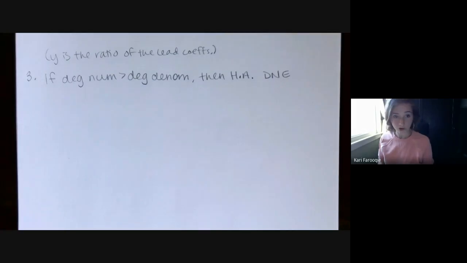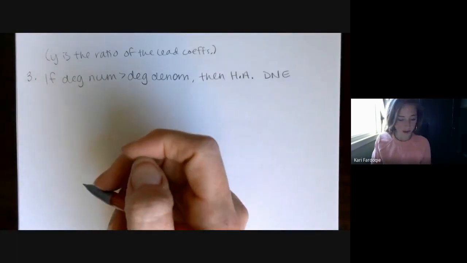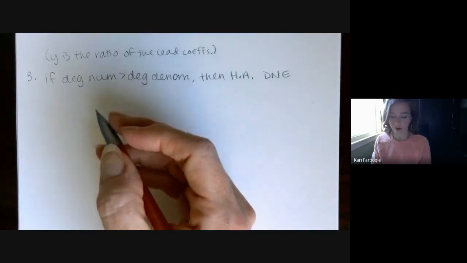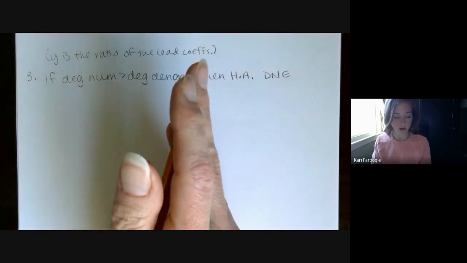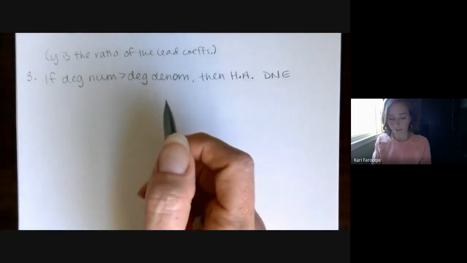I'll probably put one of these on your exam just because I want there to be at least some reward for having done these. For some algebraic functions involving a quotient, we find limits at infinity by dividing the numerator and denominator by the highest power of x that appears in the denominator.